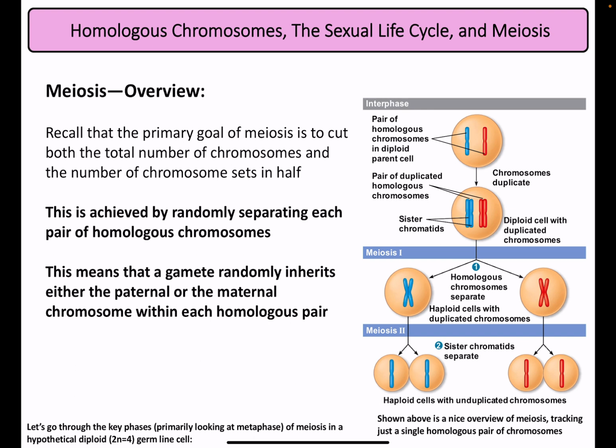Now, I want to point out that meiosis is similar to mitosis in terms of the mechanics of it, in terms of the names of the stages. The key difference is how we align our chromosomes during metaphase. Other than that, pretty much everything you learned about in mitosis is the same.